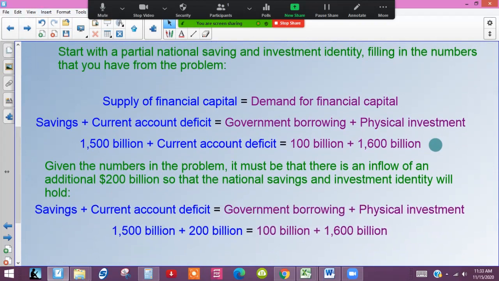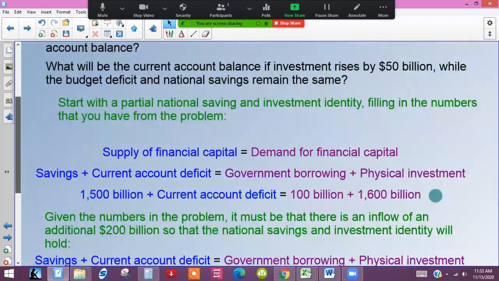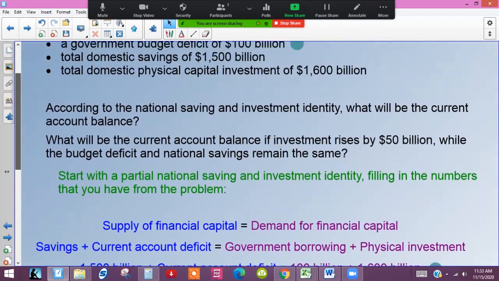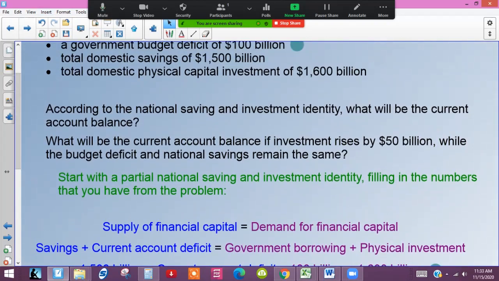Now then, the next part of this question is they're asking us, what will be the current account balance if capital investment rises by 50 billion? So if we increase the demand over here, if we have an increase on the demand side of the equation of 50 billion, what has to happen to the current account balance?